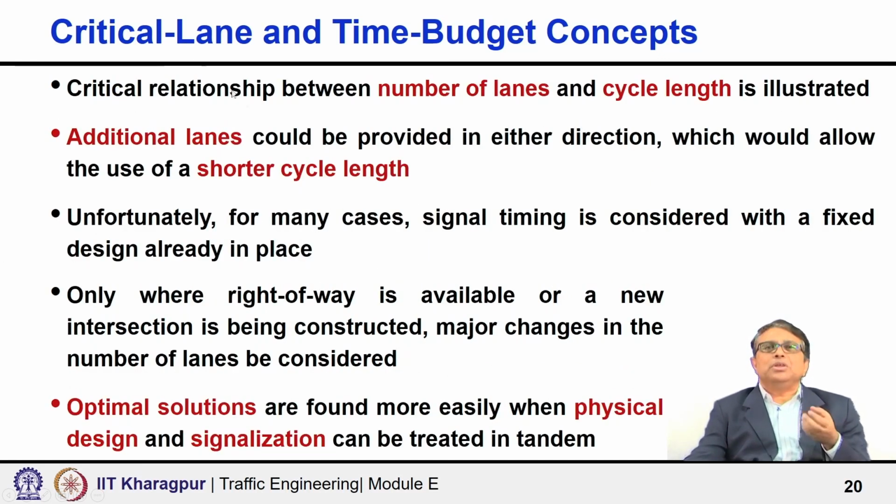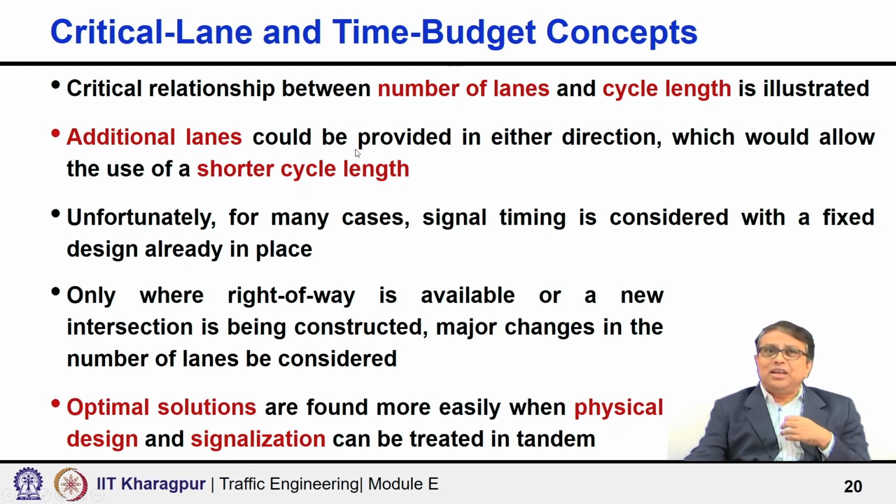We see a few important observations here. The critical relationship between the number of lanes and the cycle length is illustrated, because if you increase the number of lanes in the approach, then the traffic demand gets distributed. So, the critical volume that the signal has to handle becomes very different and easier.